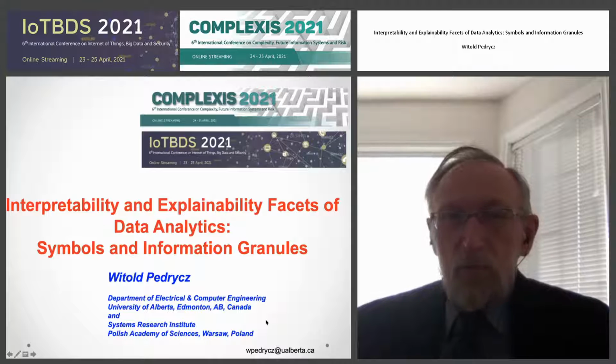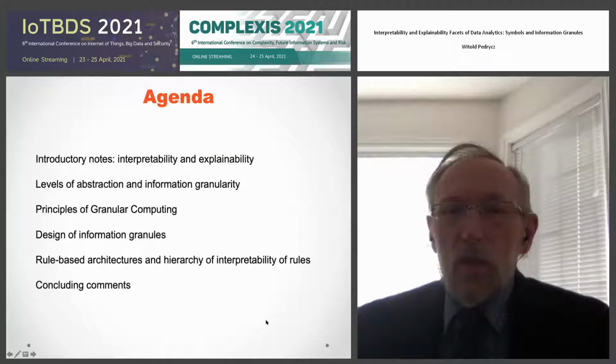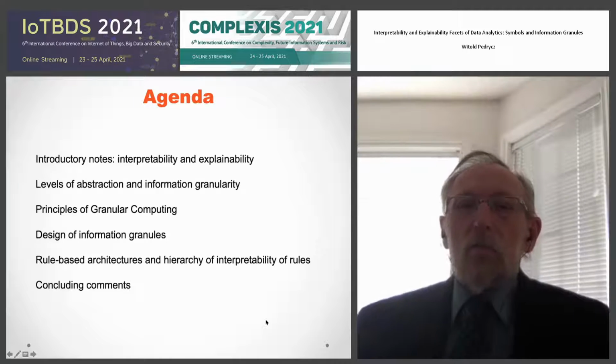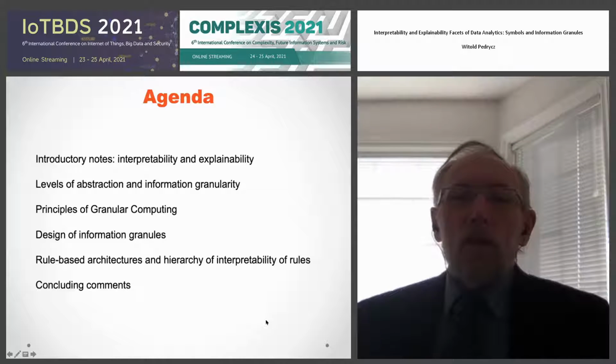So here's a brief agenda I'd like to cover today. I'd like to start with some introductory notes and then move on to this general hypothesis that the levels of abstraction and information granularity and information granules come hand in hand.